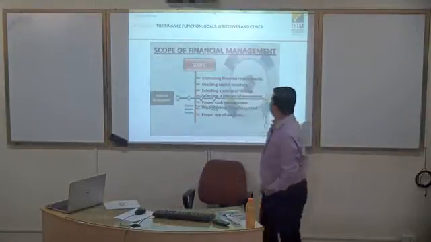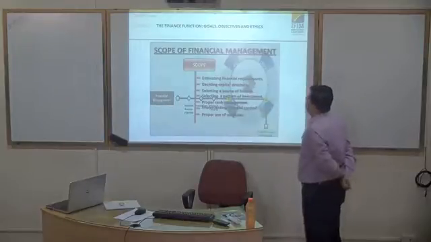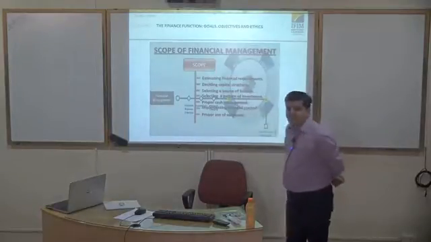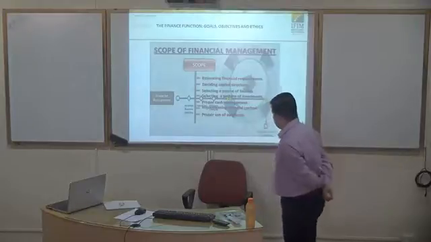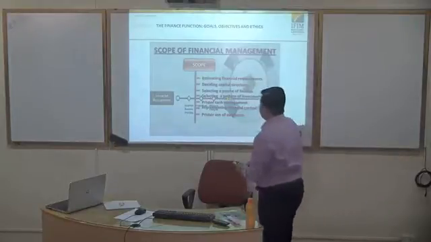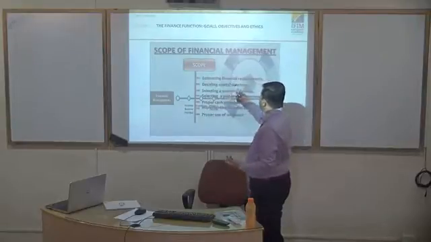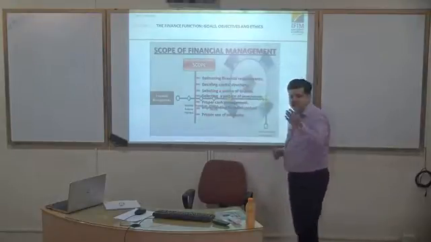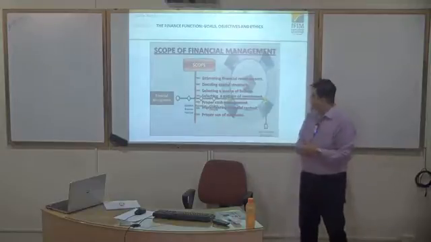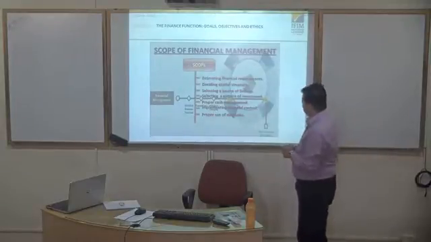So we have the scope of financial management. Let us look at what aspects fall under the scope. We have to understand and estimate our financial requirements, and decide the capital structure.